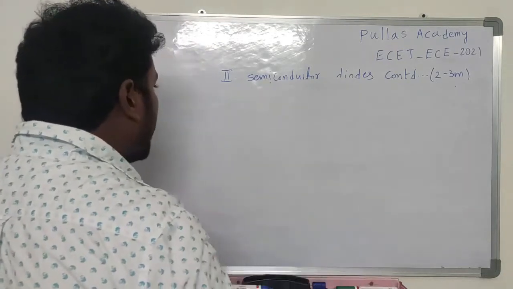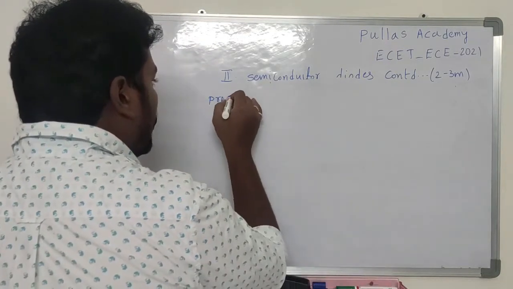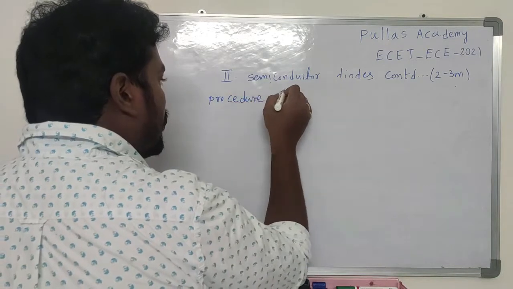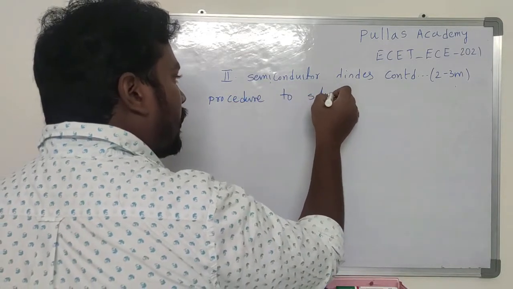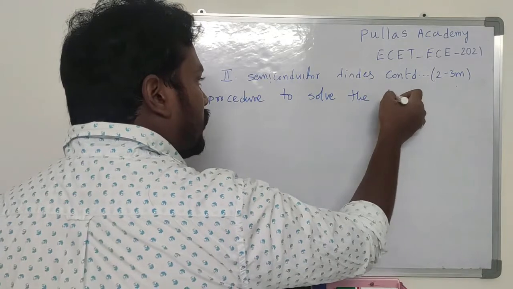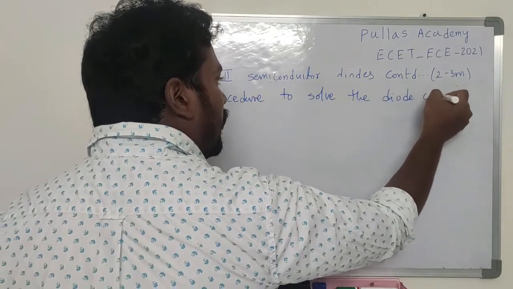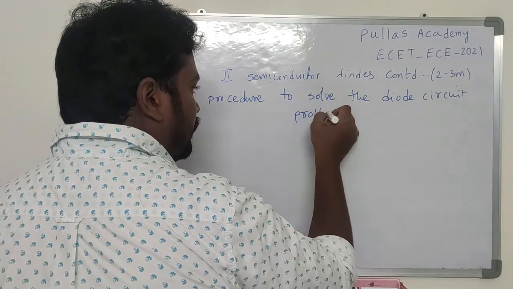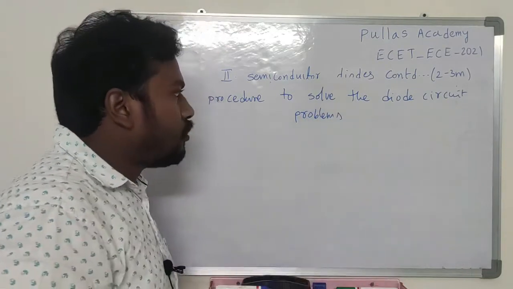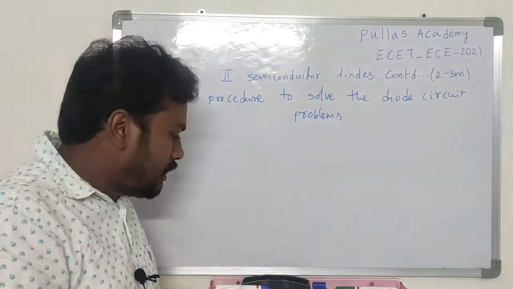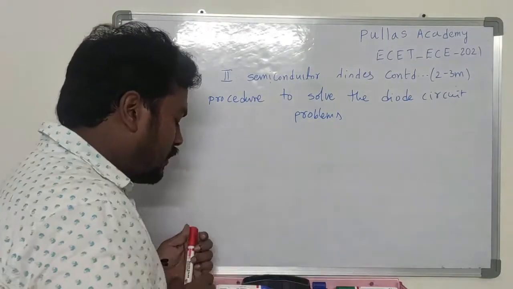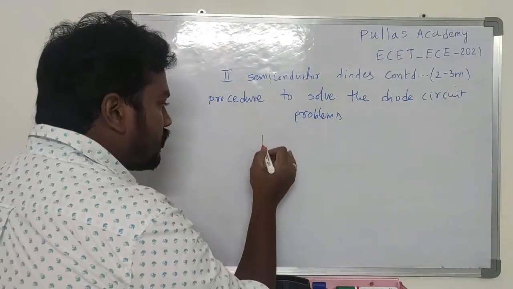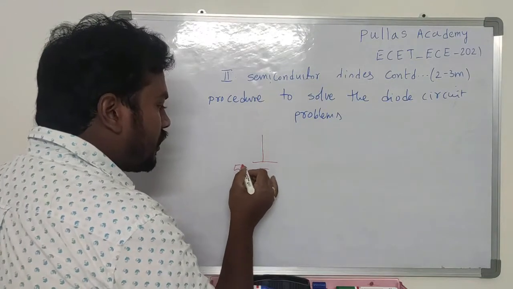So make a note of it. Procedure to solve the diode circuits. Suppose you are asked to calculate the current I through the diode in the circuit.